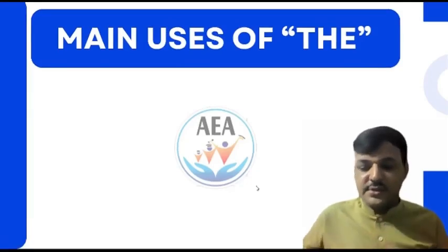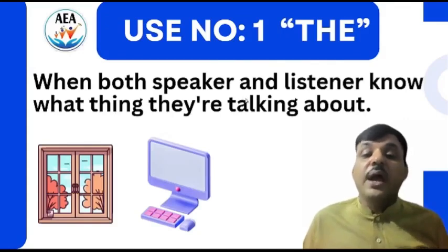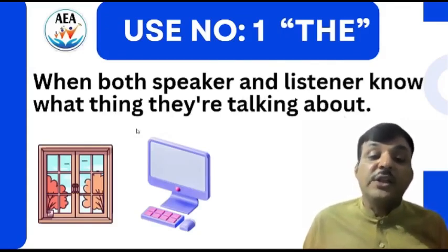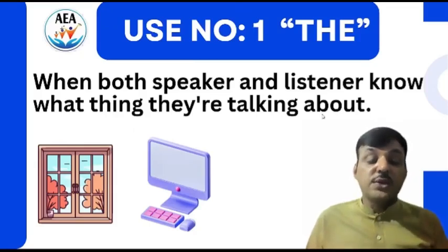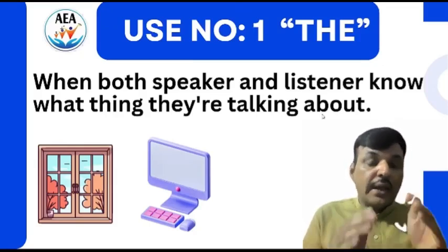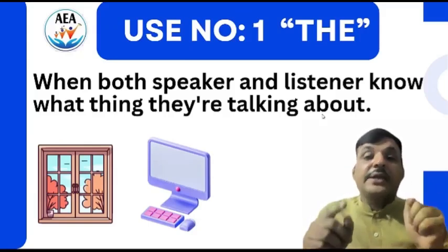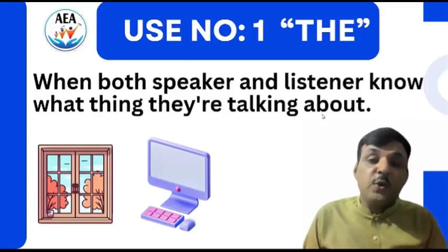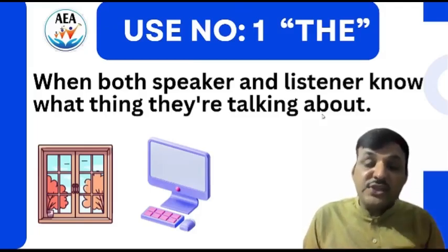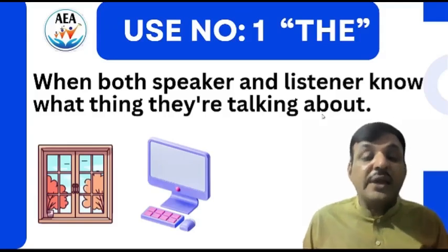Use number 1 of "the" in English is when both the speaker and the listener know what thing they are talking about. Suppose Vanya is not feeling well in the room and she says to Alim, please Alim, open the window. Vanya knows what window she is talking about, and Alim also knows what window she is talking about. So the window is known by the speaker and the listener, so the article will be used with that window to make it specific.